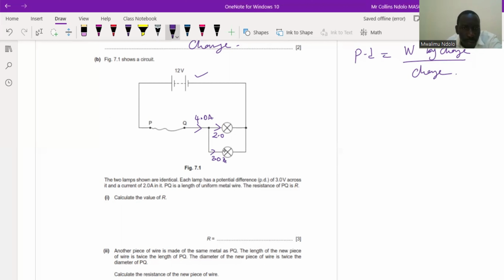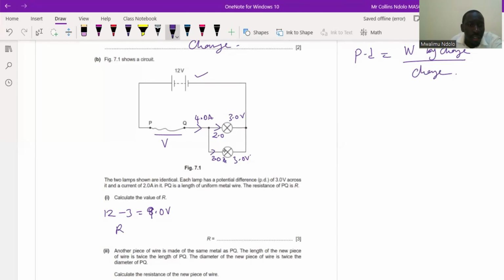Again, if the PD is 3.0 volts here, here also 3.0 volts because they are in parallel. So the PD across them is just 3.0, which is in series with this. So if we call this V, then that V will be 12 minus 3, which is 9.0 volts.